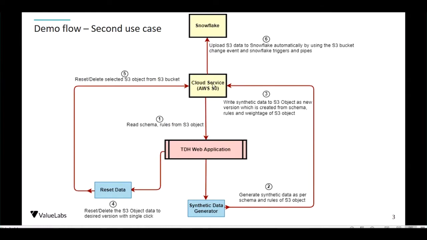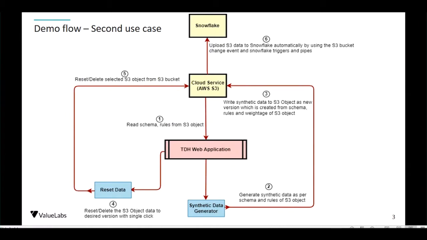If we could see here, cloud service to Snowflake, the TDH team has discovered a way and implemented a change event mechanism. Whenever a new data record is available in AWS S3, the change event would be triggered automatically, and the Snowflake database would get updated with the new set of records which are available in S3.